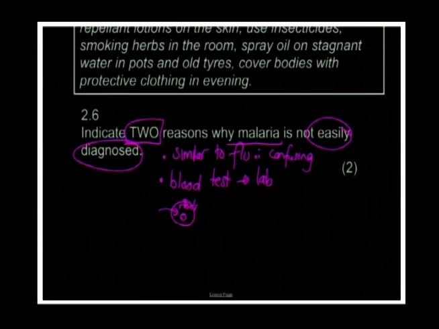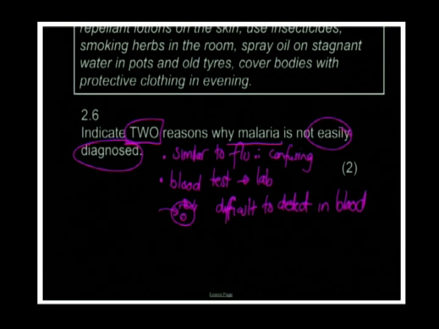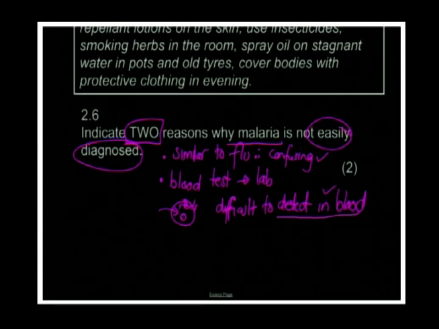So it's very difficult to detect in the blood unless those merozoites have filled up the blood cell, and remember, given it that particular pear shape, or they have burst out and they're actually in the liquid part of the blood. So we'll just say that it's difficult to detect in the blood. Thus here, confusing and difficult will give you your 2 marks.